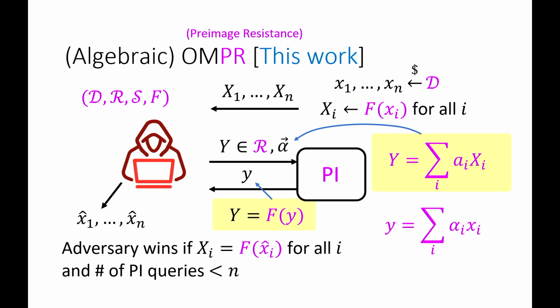The goal of the adversary here is to find an element in the pre-image of each challenge using less than n pre-image queries. Therefore we call this game the algebraic one-more pre-image resistance game.